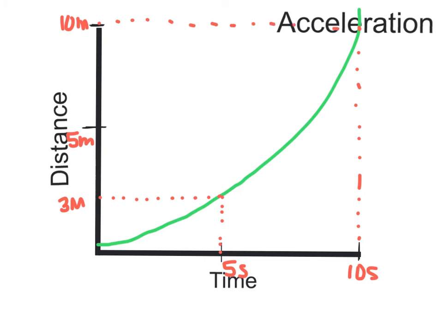So in the first 5 seconds, we went 3 meters. And in the second 5 seconds, we went 7 meters. We traveled a lot farther of a distance. So it simply means you go from slow, 5 seconds, did not go a lot of distance, to fast. Another 5 seconds, went a lot farther. That's acceleration. Slow to fast.